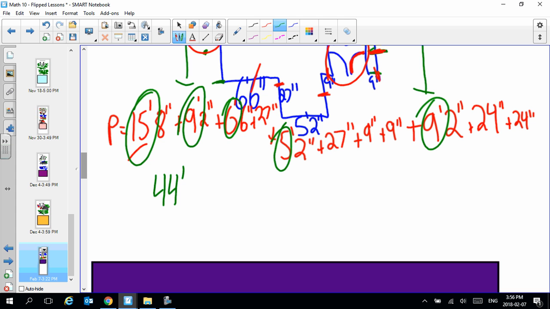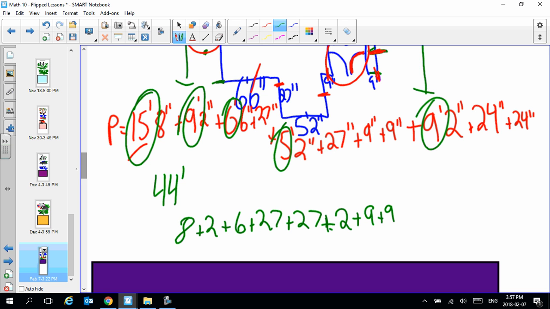Yeah. Now I'm going to add up my inches. So I've got 8 plus 2 plus 6 plus 27 plus 27 plus 2 plus 2 plus 9 plus 9 plus 2 plus 24 plus 24.